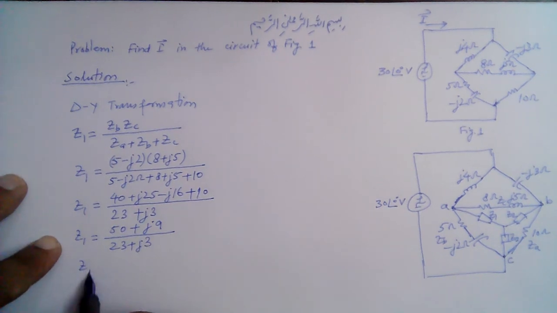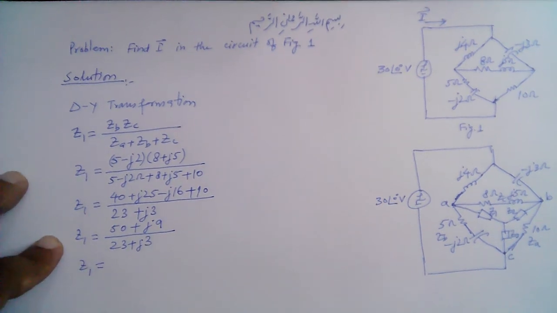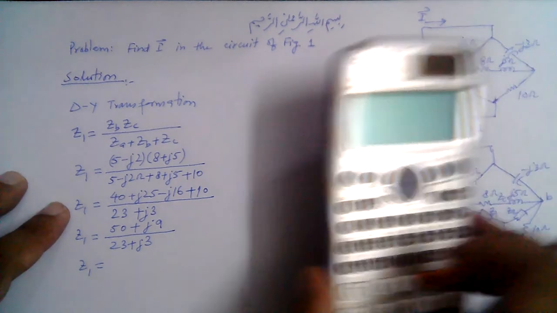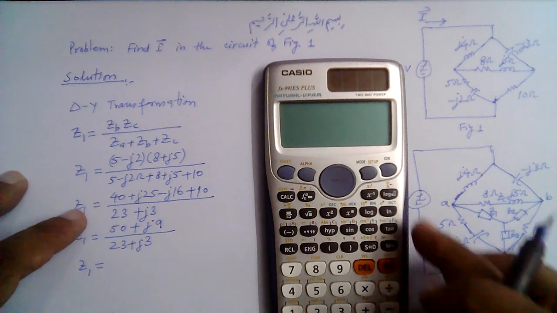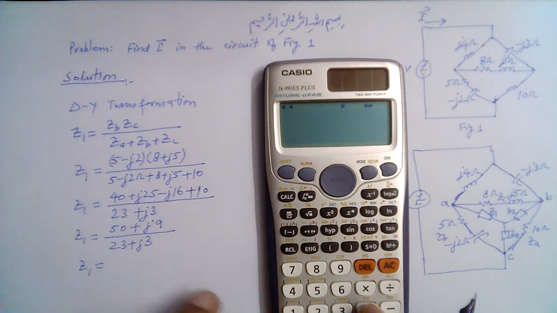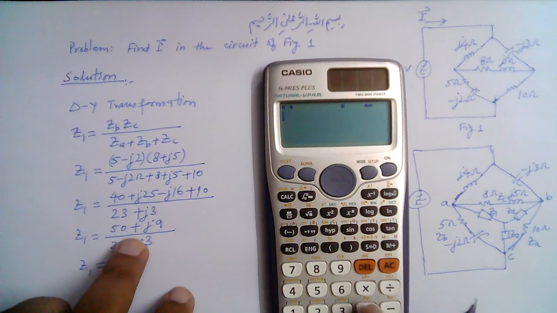So Z1 is equal to, let's transform this into the polar form before the division.